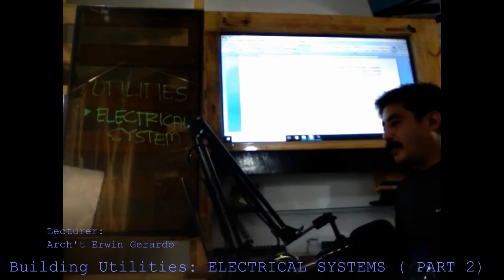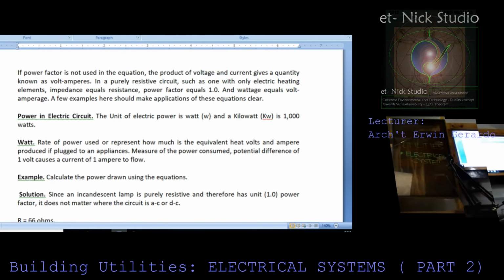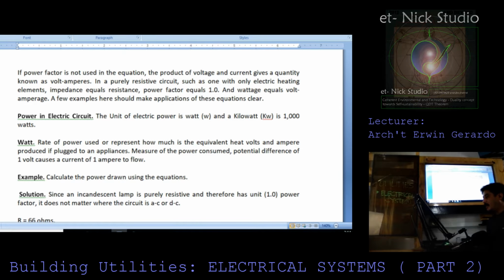If power factor is not used in the equation, the product of voltage and current gives a quantity known as volt amperes.